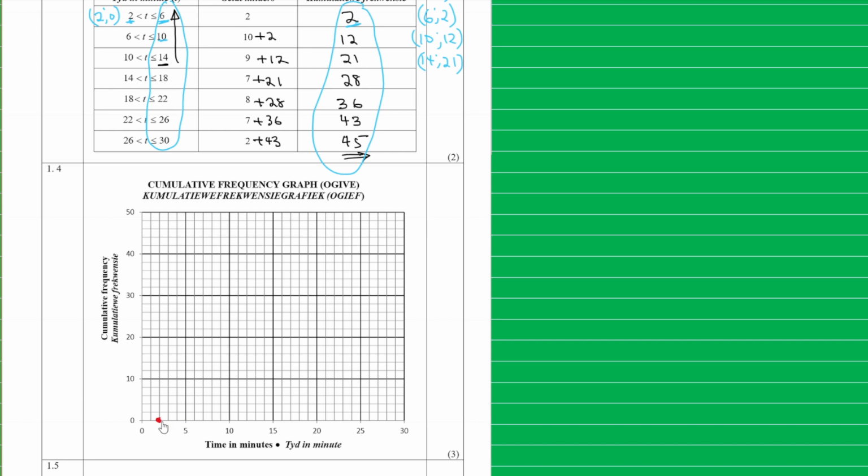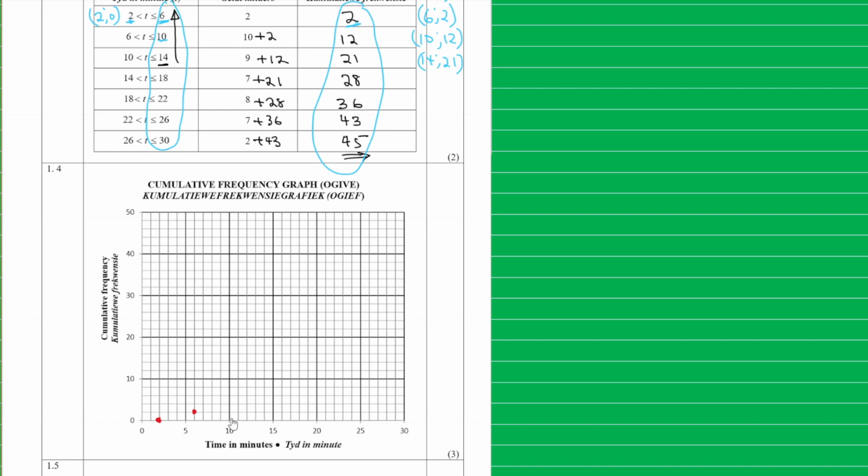So on the first class I've plotted a 2, I'm going to plot a 6. So 6 is with a 2. Now this is 2, 4, 6, 8, 10, so 6, 2 is there, mark that point.